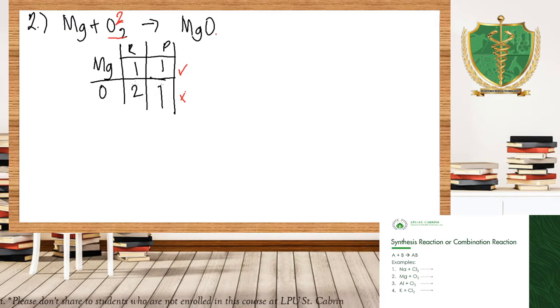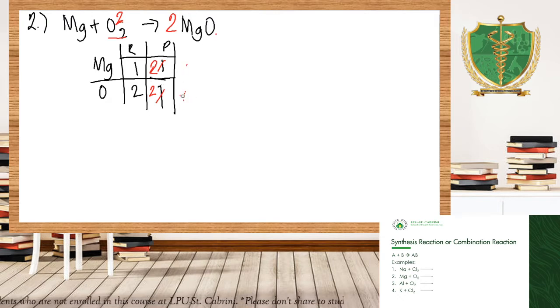In this case, ano yung number of atoms ng ating oxygen? 2. So if we put here 2, then our magnesium will become 2 and our oxygen will become 2. Now, the other way around ang nangyari. Bakit po?